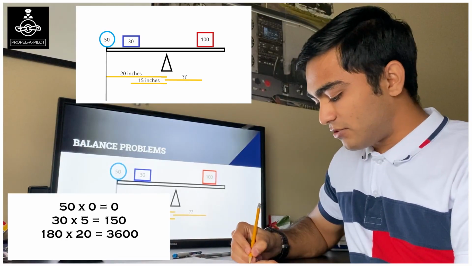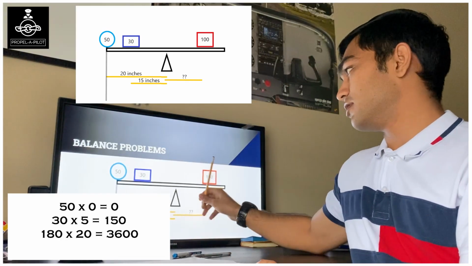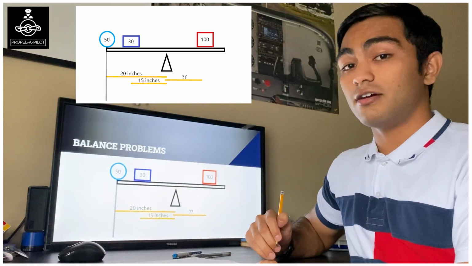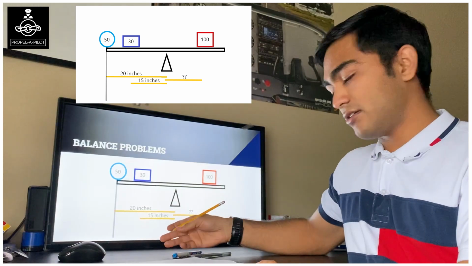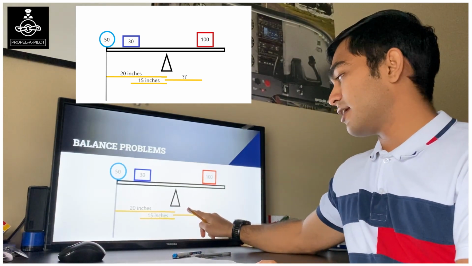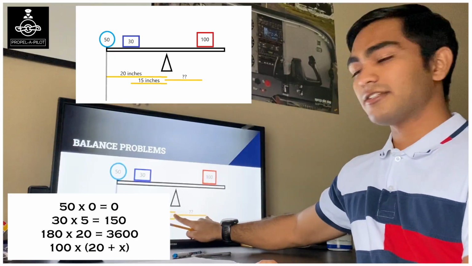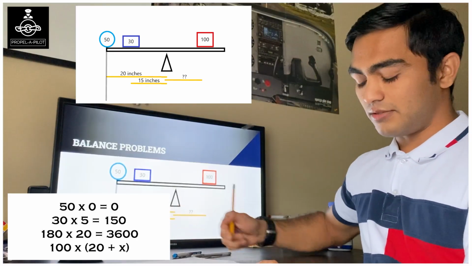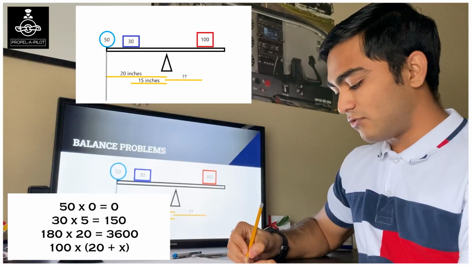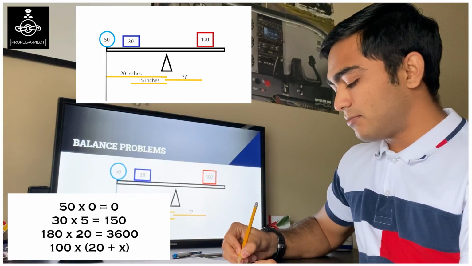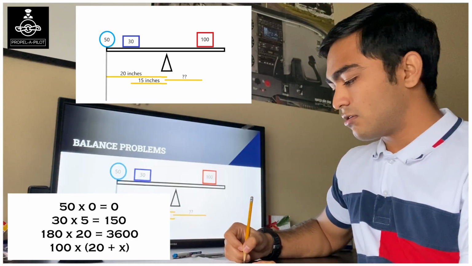The fourth equation would be that of the 100-pound weight. We still don't know where the 100-pound weight needs to be kept. So the 100-pound weight is 20 plus x inches from the reference datum. So the equation here will be 100 times 20 plus x.